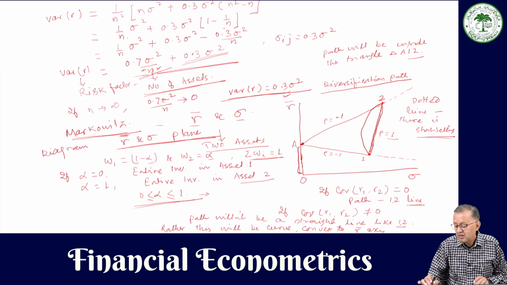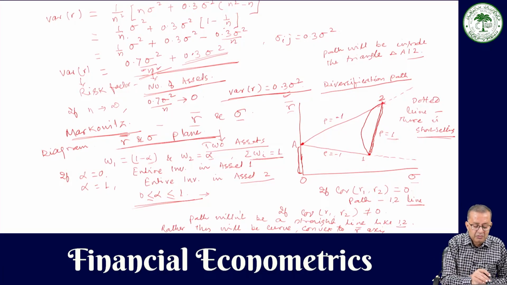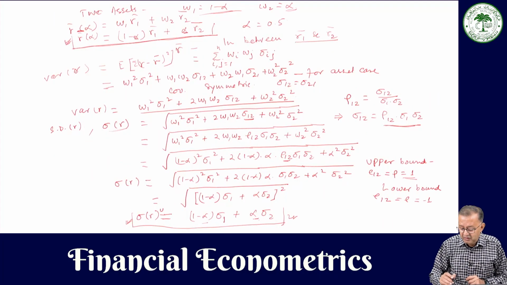In this situation, alpha is equal to 0. At this point, total investment is being done in asset 2. So here alpha is equal to 1. Clear? In between we have it like this, because R bar as well as sigma, they both are linear combinations of alpha.